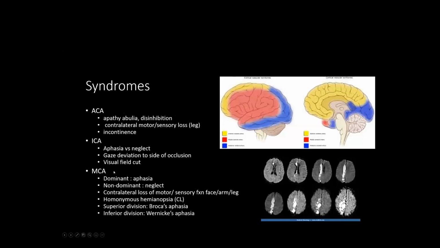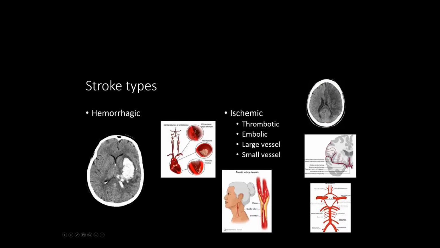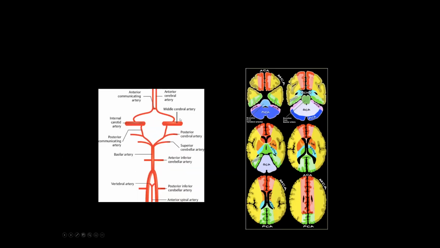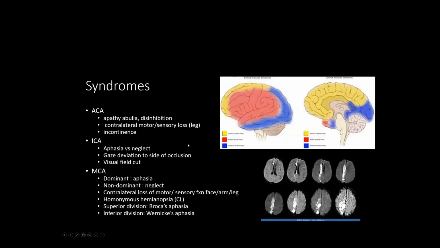Because the MCA, if I go back to my circle of Willis here, comes off of the trunk of the ICA, a lot of your stroke syndromes are going to be similar, involving aphasia on the dominant side and neglect on the non-dominant side.